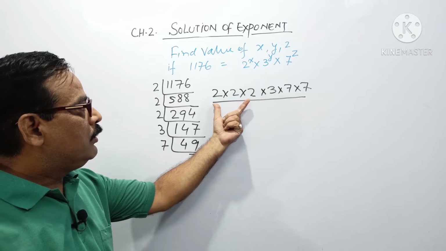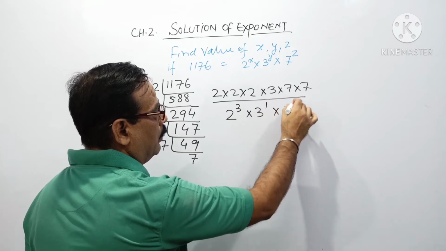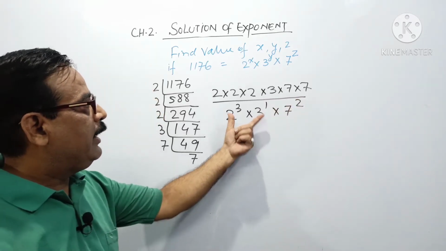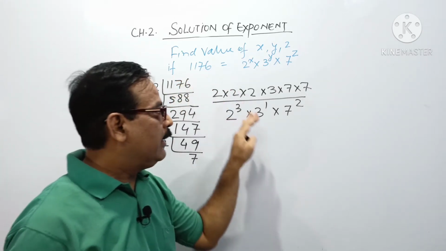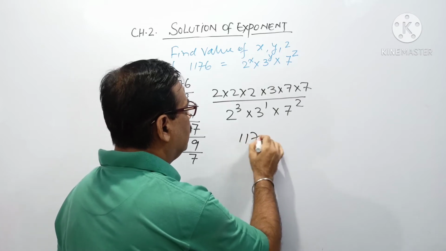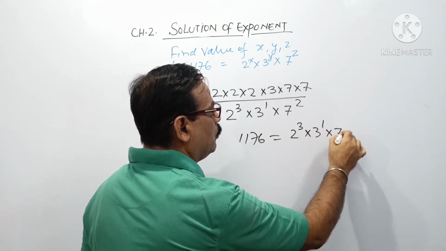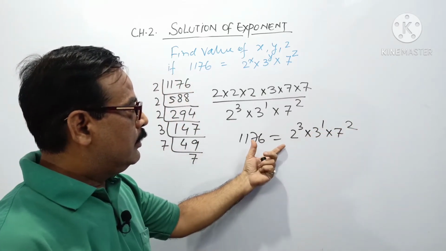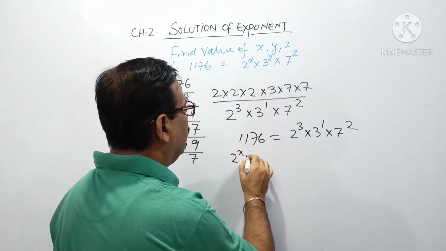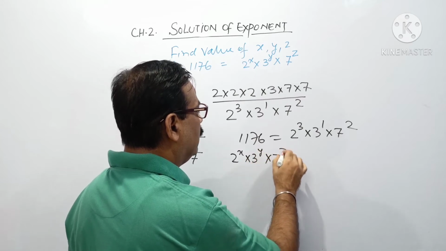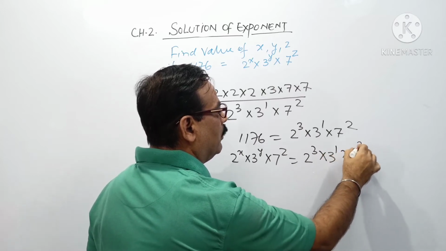So we can write 2 to power 3, 3 to power 1 and 7 to power 2, and this should be equal to 1176, because this comes from 1176. So we can write 1176 is equal to 2 to power 3 into 3 to power 1 into 7 to power 2. So 1176 is equal to 2 to power x into 3 to power y and 7 to power z, which is equal to 2 to power 3 into 3 to power 1 and 7 to power 2.